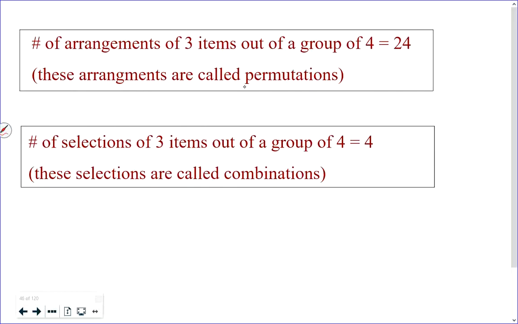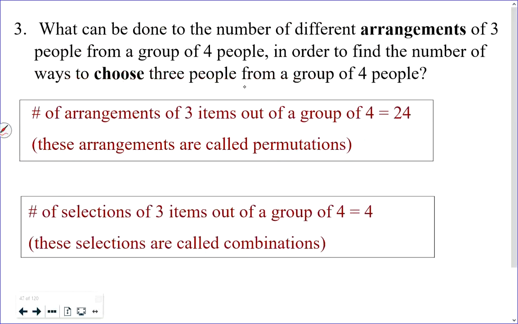So let's get back to the point here. The number of arrangements of 3 items out of a group of 4 is 24. The number of selections, which are called combinations, of 3 items out of 4 is only 4. What can you do to the number of arrangements to get the number of combinations? What can you do to 24 to get 4?